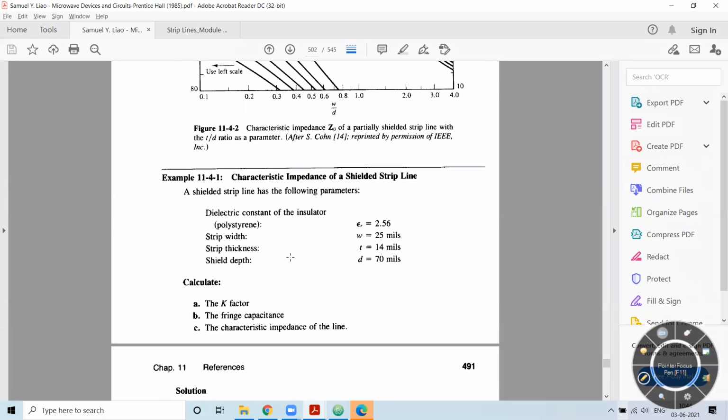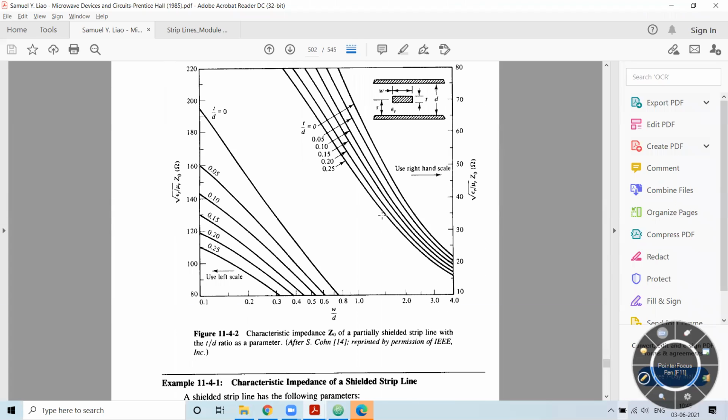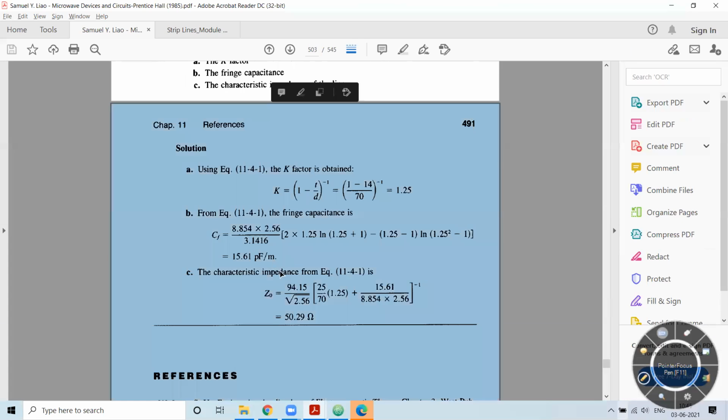Now lastly, the characteristic impedance, that is Z0. In order to estimate Z0, this is the equation we have to use: 94.15 divided by square root of epsilon r, W by D, the K factor, plus the fringe capacitance divided by 8.854 into epsilon r, its inverse. Here again we make the substitutions.